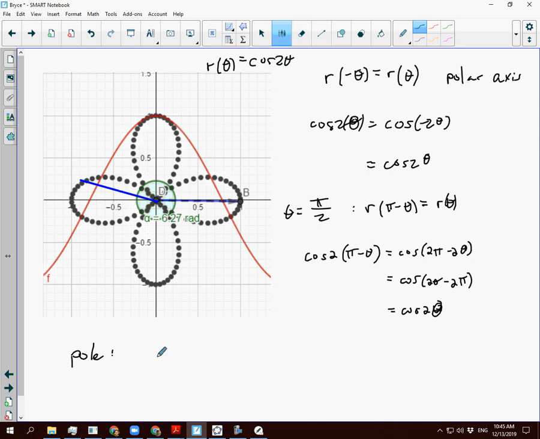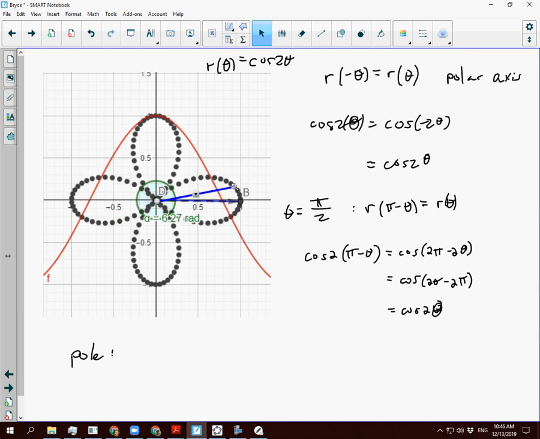However, there's another test for the pole. Symmetry with respect to the pole means that this point should reflect through the pole to this point.